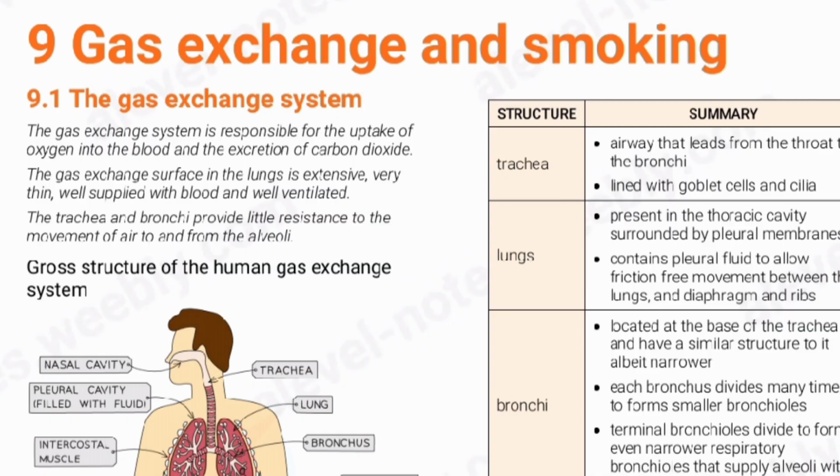The cartilage in the trachea and the bronchi keeps airways open and air resistance low. It also prevents the airways from collapsing, number one, and from bursting, number two, due to the air pressure changes during breathing.